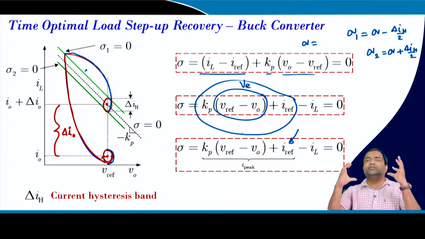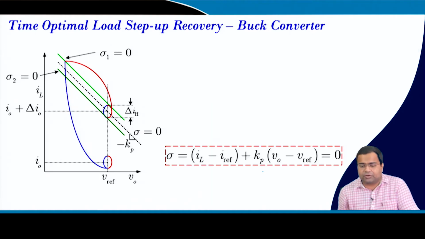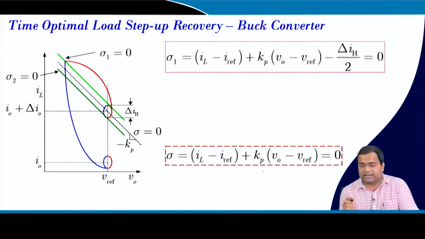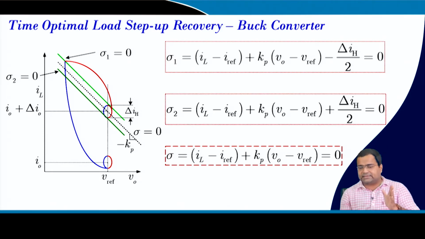So, it is like a proportional control with load current feed forward, which is compared to the inductor current. If you put a hysteresis band, delta H by 2 on either side, so that the overall band is delta H, you have to choose delta H in such a way that our steady state switching frequency meets our desired switching frequency requirement.